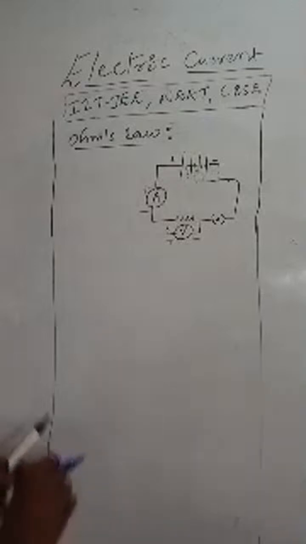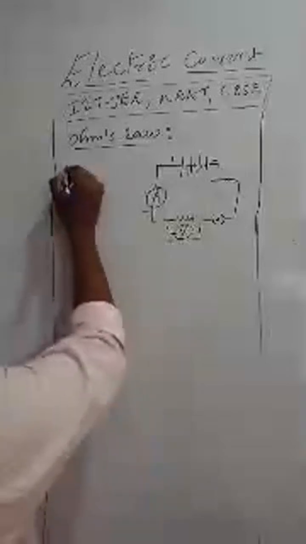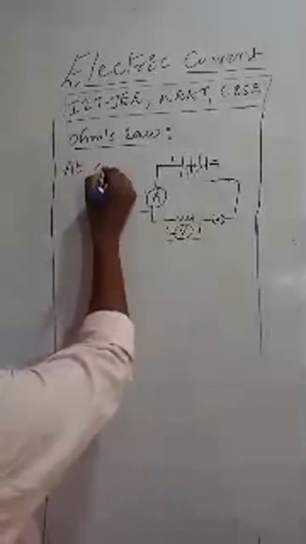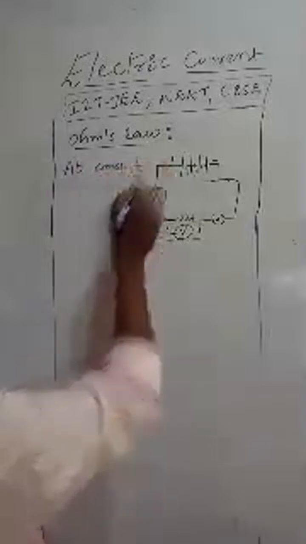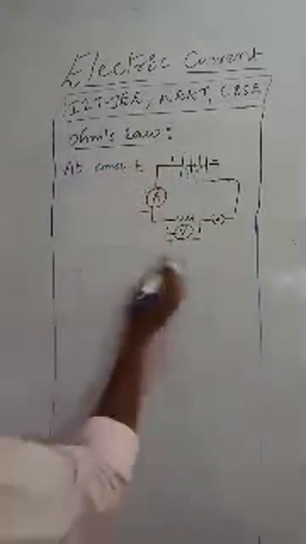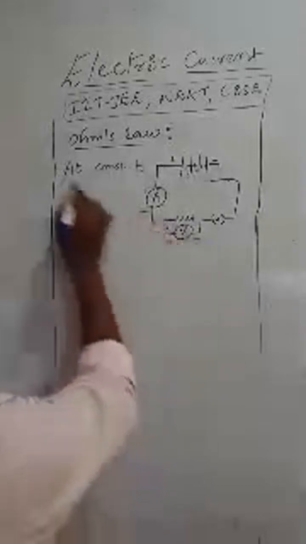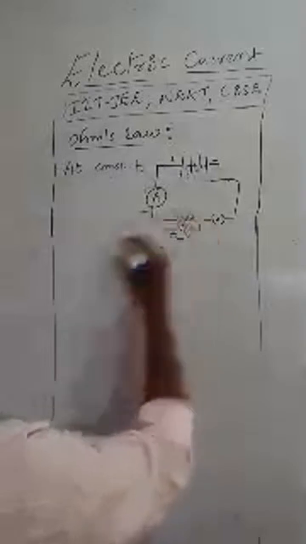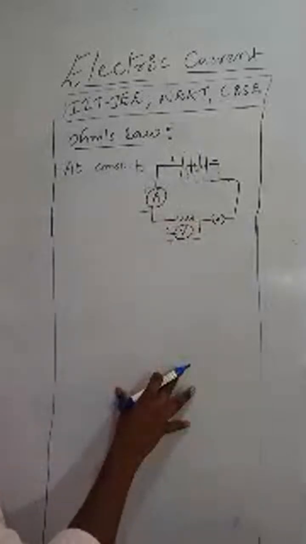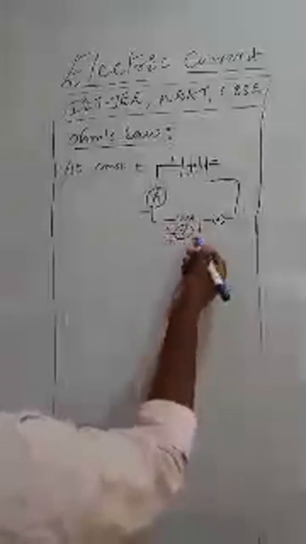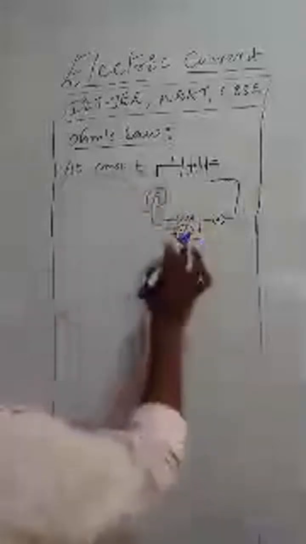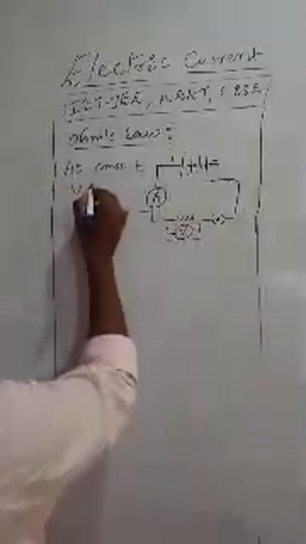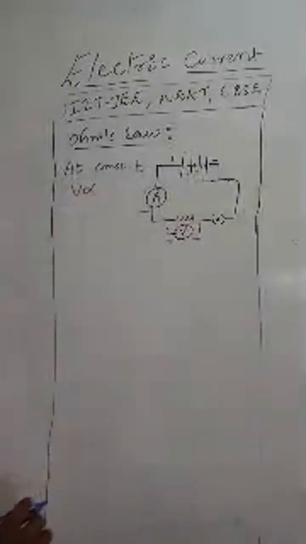Now Ohm's law. Ohm's law is nothing but, at constant temperature, the potential difference across the resistor. This is a resistor I'm taking, that is nothing but nichrome wire.